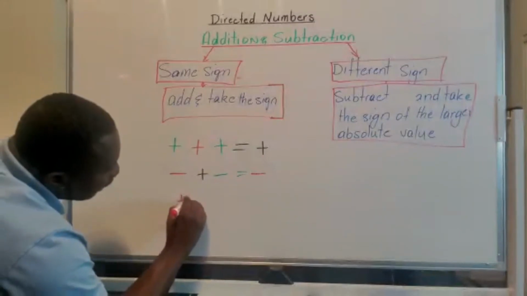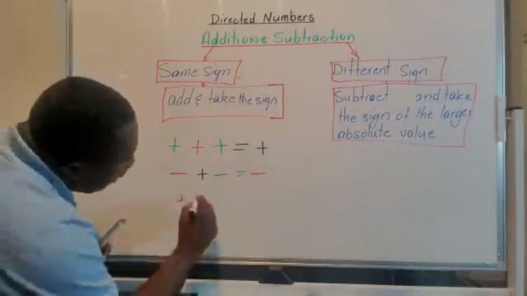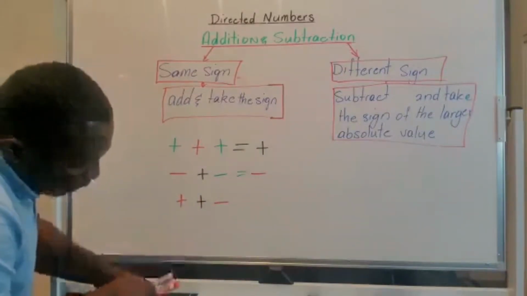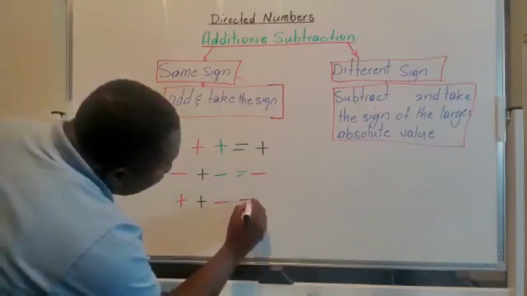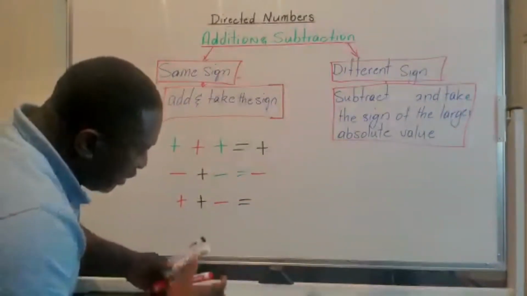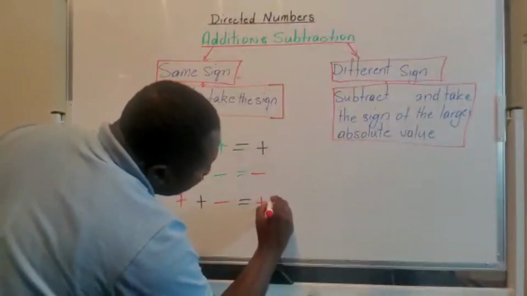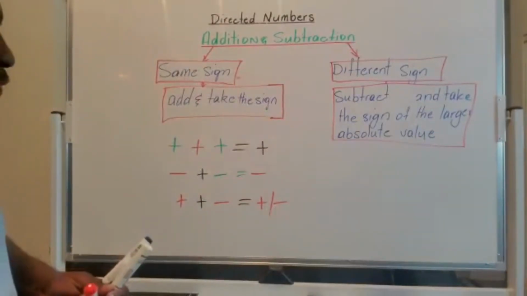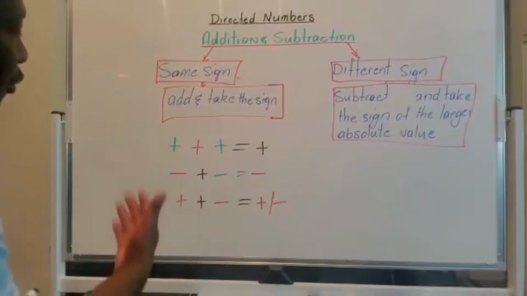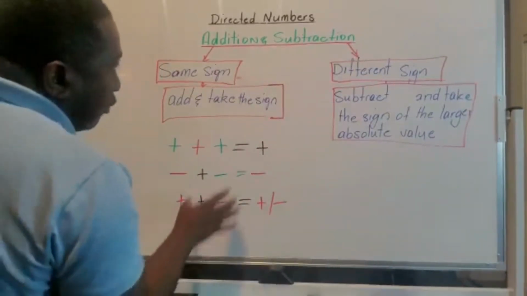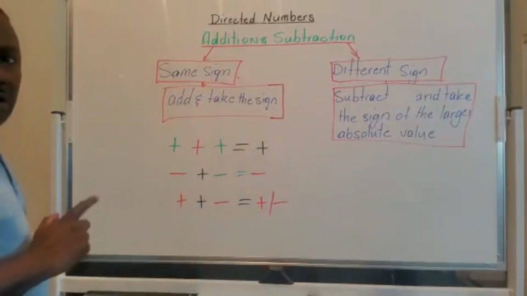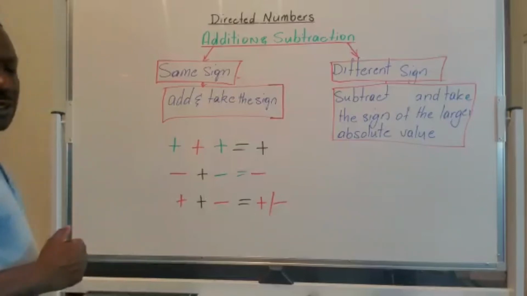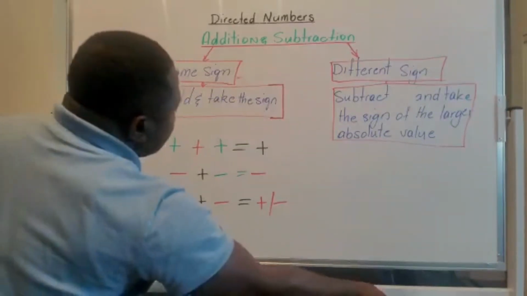So a positive plus a negative may result in either the outcome can be a positive outcome, or it can also be a negative outcome. So from the wording, I've created the three equations for the operations of addition and subtraction of positive and negative numbers. Now let us look at these in real terms.